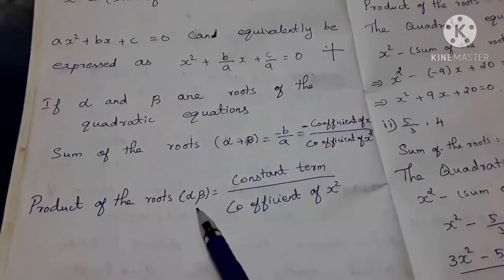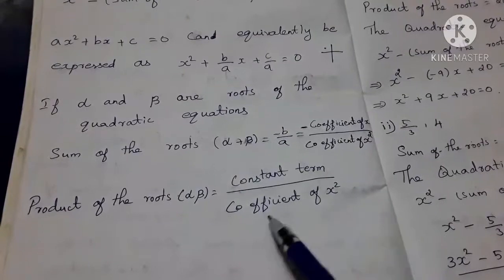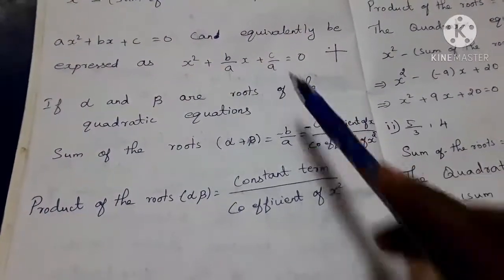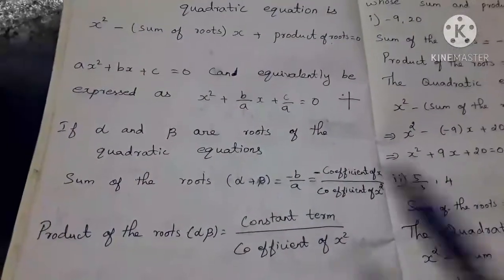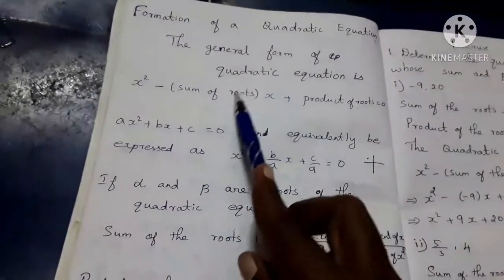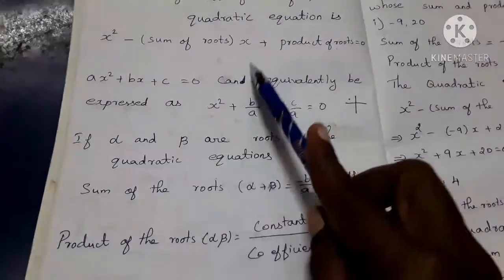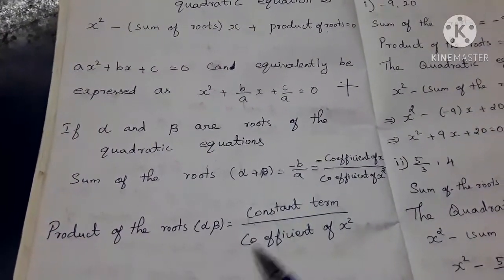Next, the product of the roots, alpha beta, is the constant term divided by the coefficient of x squared. So we find the general form of the quadratic equation, and we can write the sum of the roots and the product of the roots.